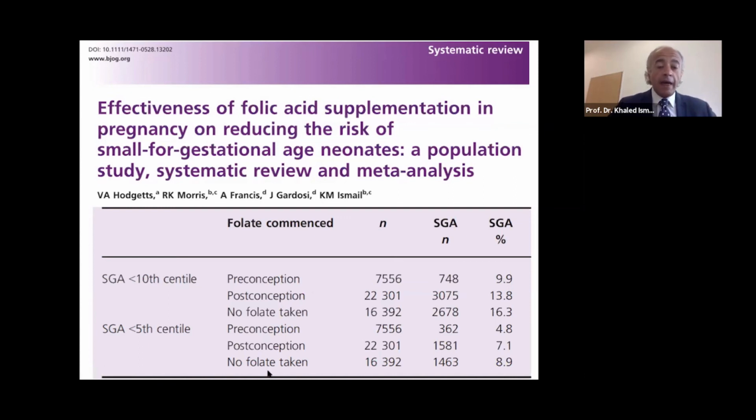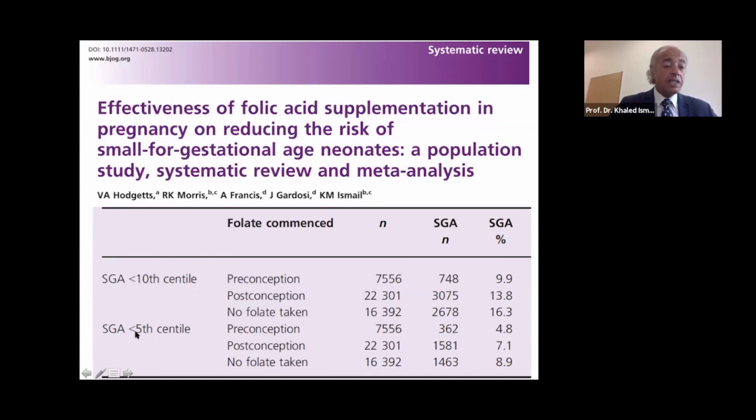Post-conceptually, the risk of SGA was not very far from that of not taking folic acid at all. And these figures are related to babies that are below the 10th centile.